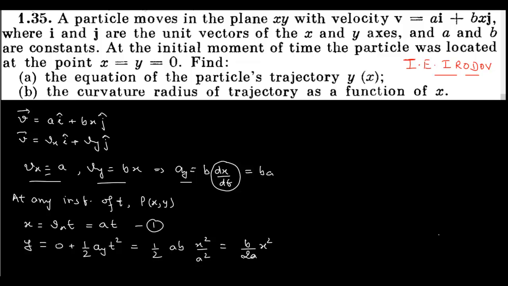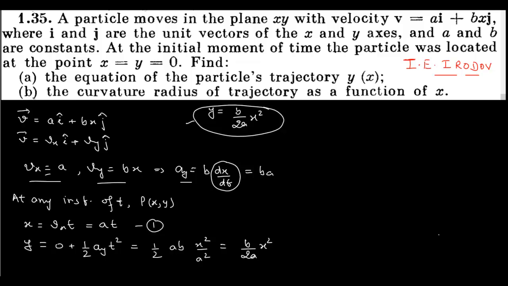So we have this equation of y, so I'm writing it here: y is equal to b by 2a into x square. So we have calculated the first part of the question, the equation of the particle's trajectory y as a function of x. So this is our answer.